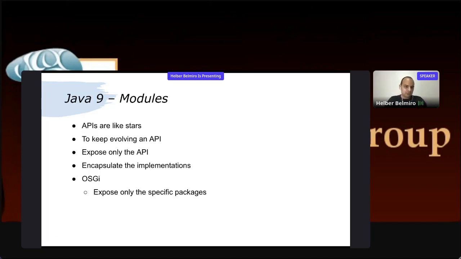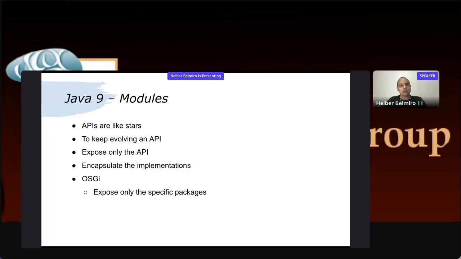So to keep evolving an API, we have to expose only what is API, and we have to encapsulate the implementation, so we can evolve the API with ease. Because if we expose the implementations, people will start to use these artifacts, and if we need to change them, we will be breaking code from the client. So this is not good.